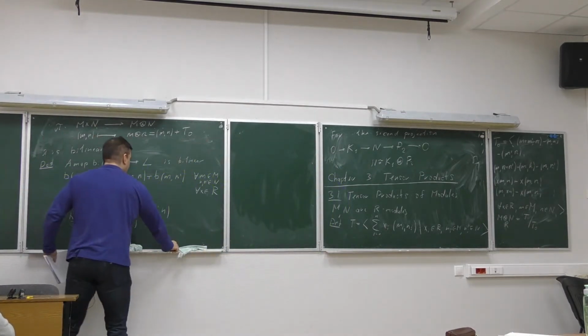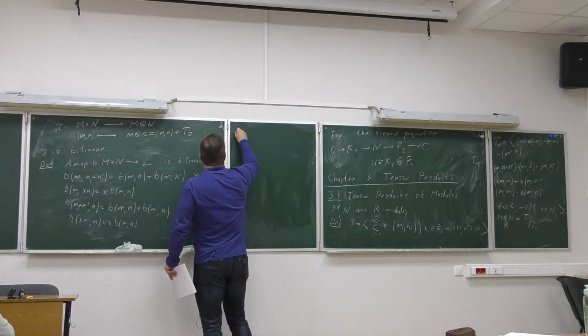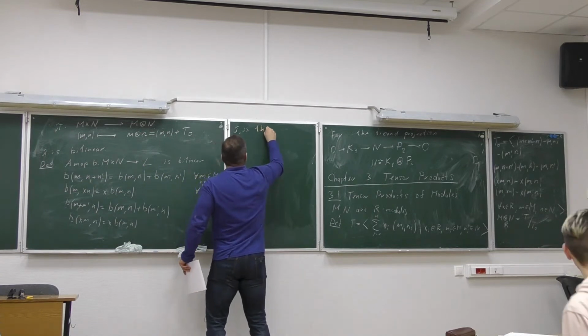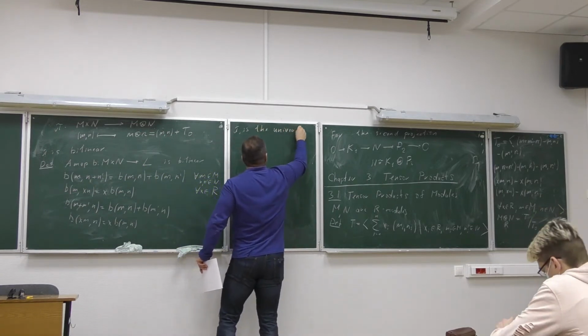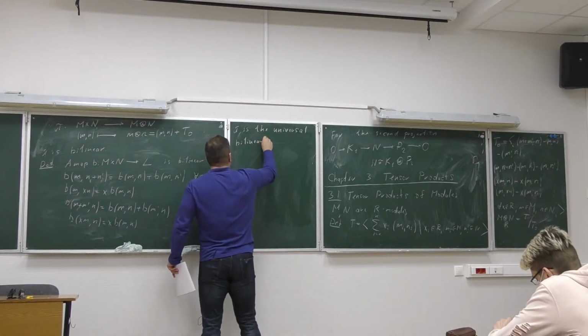Okay, so this is a bilinear map, and pi is the universal bilinear map.